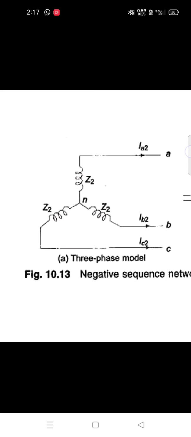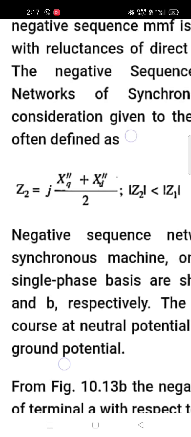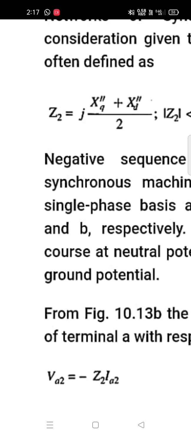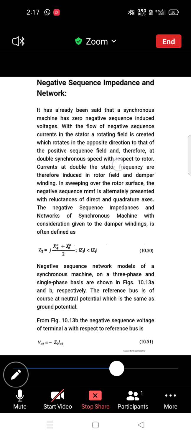So Va2 is minus Z2 Ia2. In positive sequence we also included the EMF, so Va1 was Ea minus Z1 Ia1, but here no EMF. So Va2 equals minus Z2 Ia2.